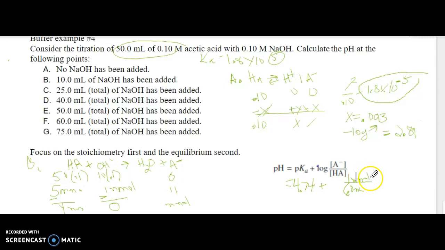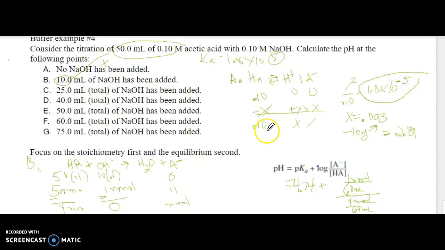Because I have 10 initial divided by my 4 millimoles over 60 milliliters. Again, 10 plus 50 is giving me my total volume of 60. So each time we go here, we're going to add those together. Okay.